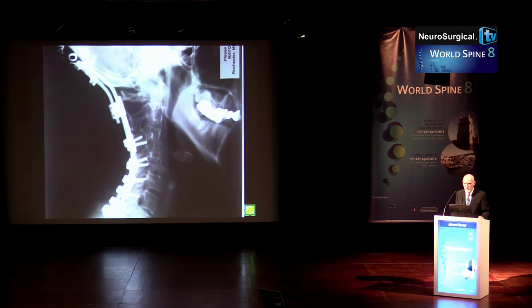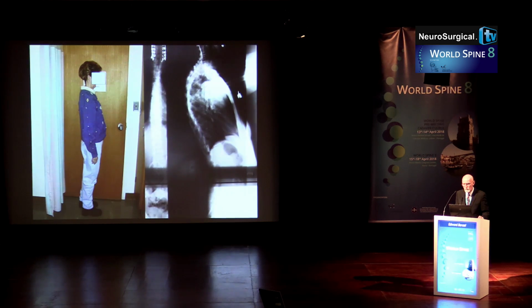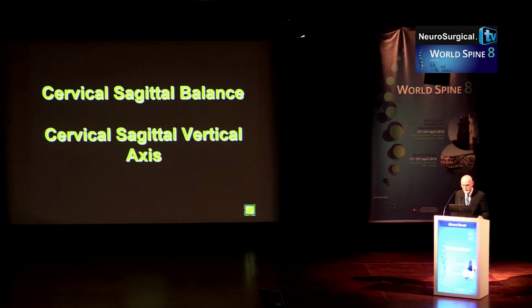Here's a patient who is fused from the occiput to the thoracic spine and has a significant upper cervical downward bend or kyphosis. You can see her leaning backwards to look forward, and her plumb line drop from C7 falls far behind the lumbosacral pivot point or the hip.